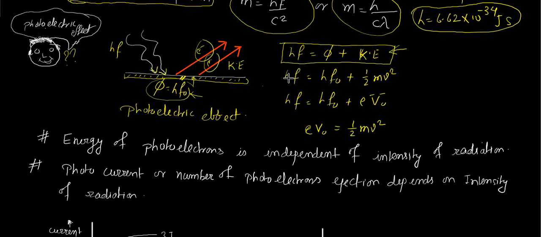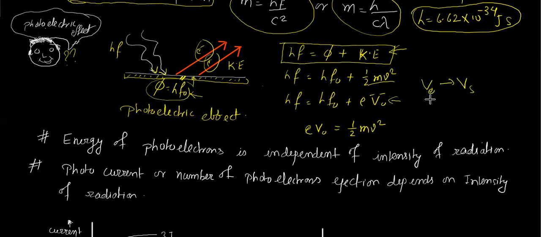Here phi can be replaced by hf naught, and the kinetic energy, half mv square, can be replaced by eV naught, where V naught, or in another book Vs, is the stopping potential.